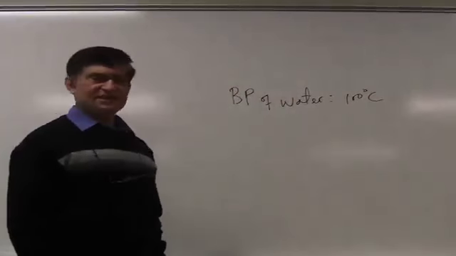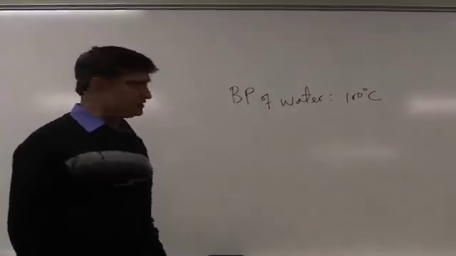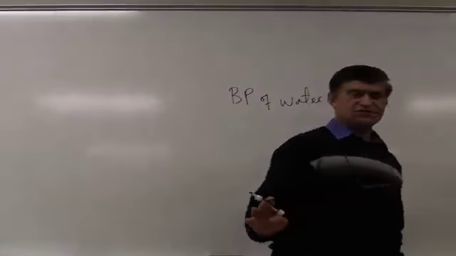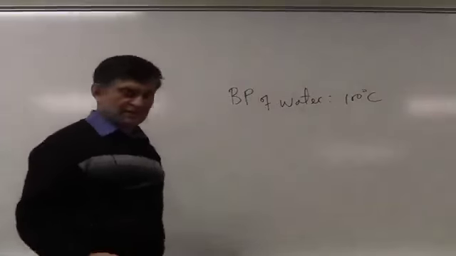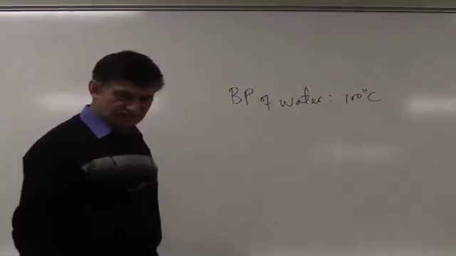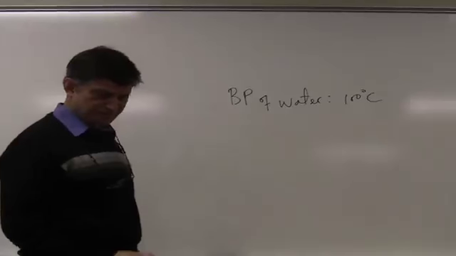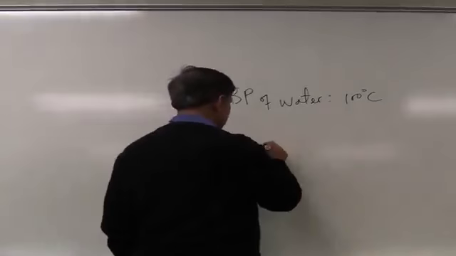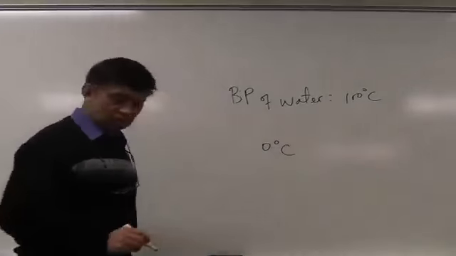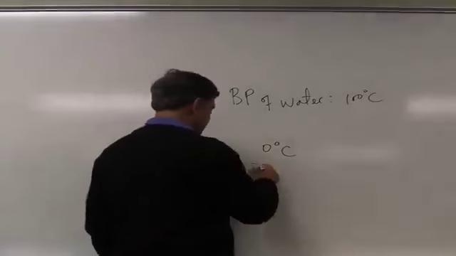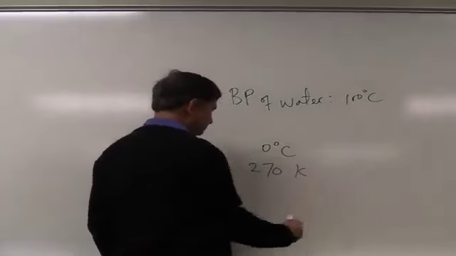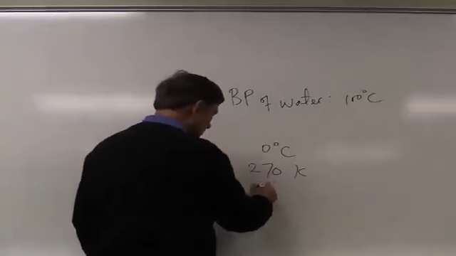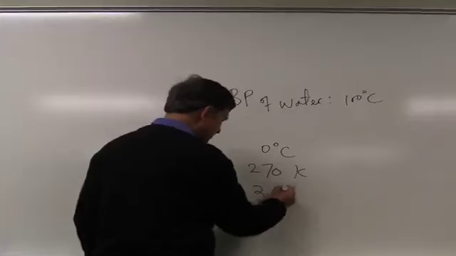But if I change the scale from centigrade to Fahrenheit to Kelvin, these numbers get changed. So I'll give you 3-4 different temperatures in different scales, and then ask you which one is the highest temperature and which one is the lowest temperature. Say, for example, I'm going to write down 3 numbers here: 0 degrees centigrade, 270 Kelvin, and 35 degrees Fahrenheit.